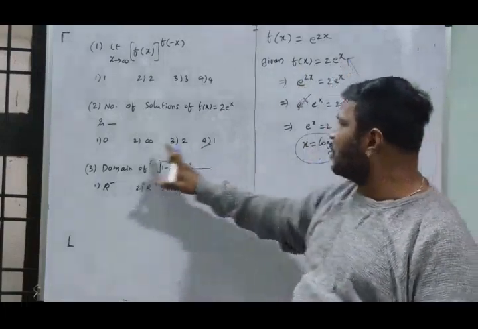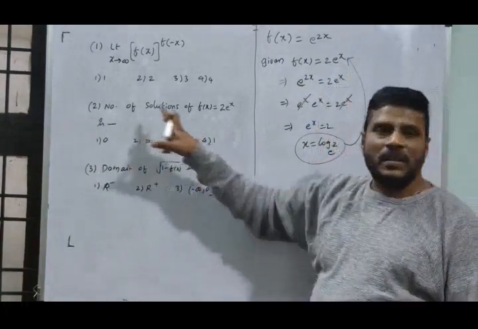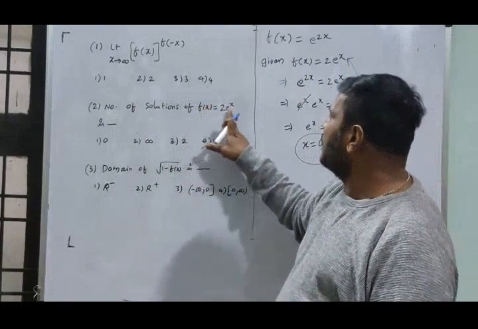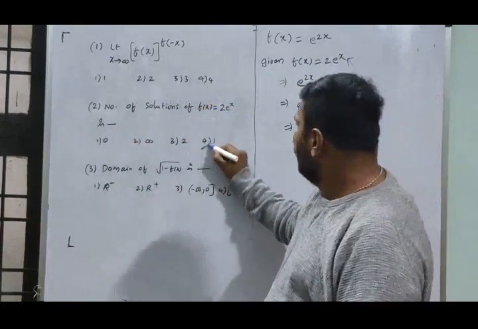So how many solutions did we get here? One. So the number of solutions of f of x is equal to 2 into e power x is 1.